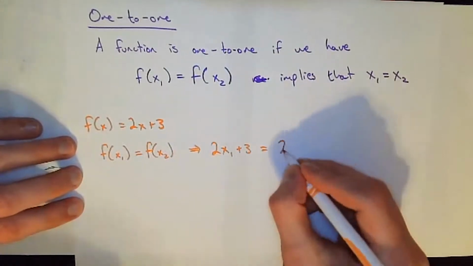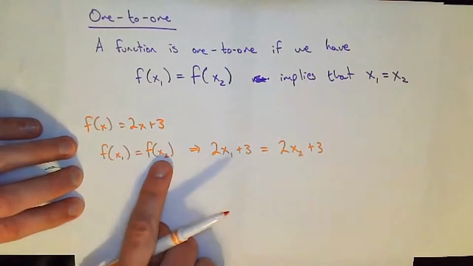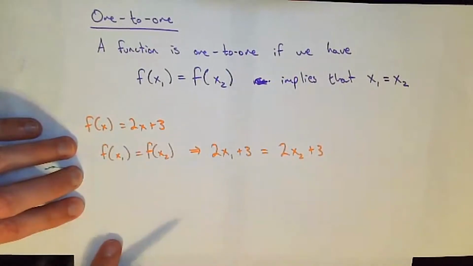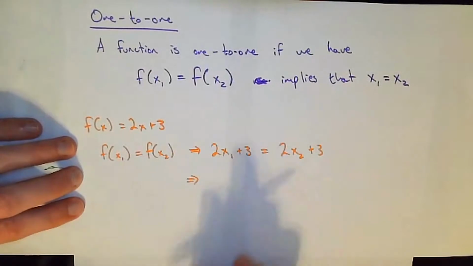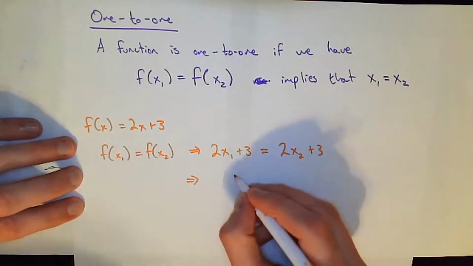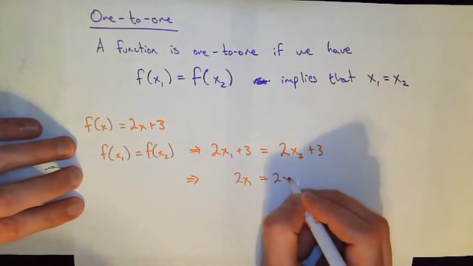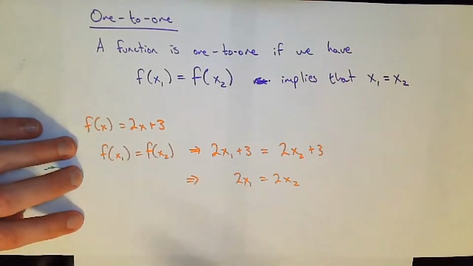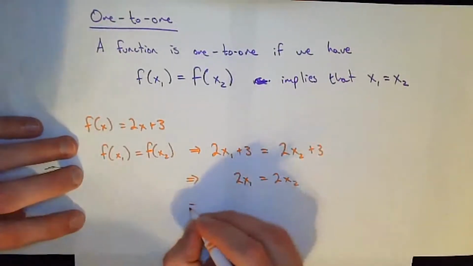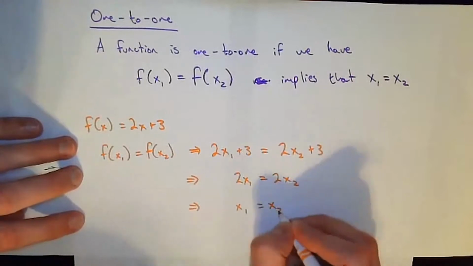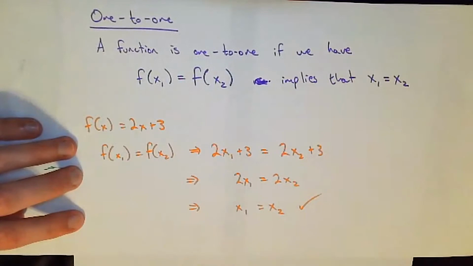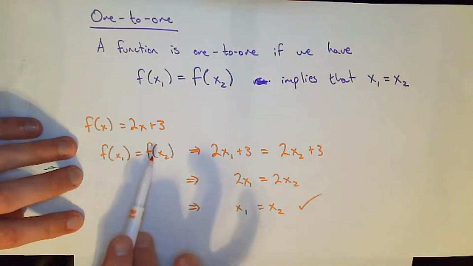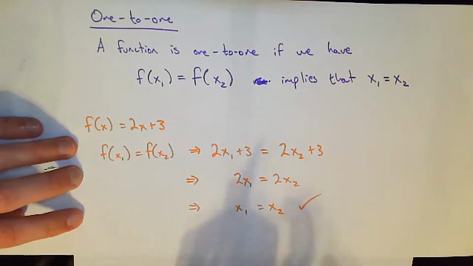On the right-hand side, I have 2 times x2 plus 3. But then what happens if I try to clean this up? Subtract a 3 from both sides and I end up with 2x1 equals 2x2. Divide by 2 on both sides, and what do I end up with? x1 equals x2, which is exactly what I needed. This relationship implied that the outputs being equal means that the inputs are equal.